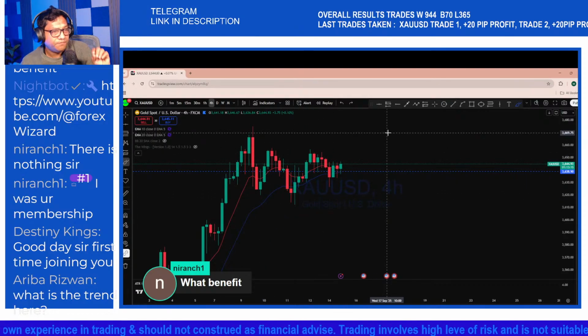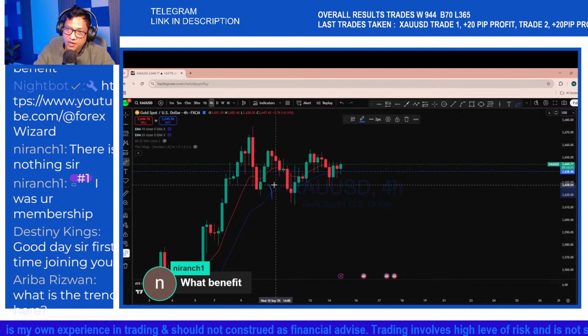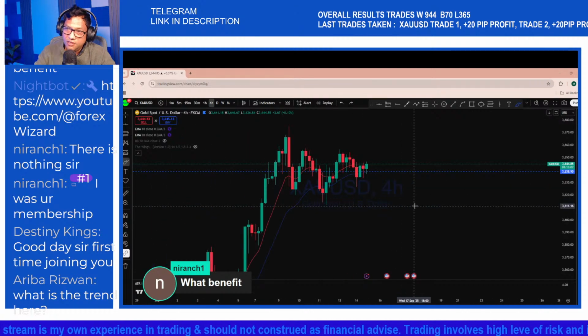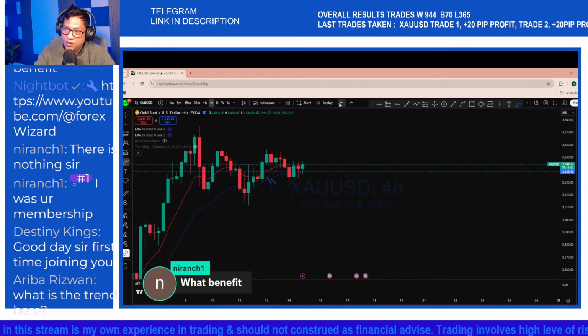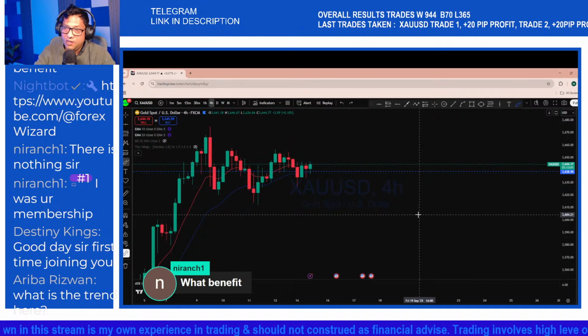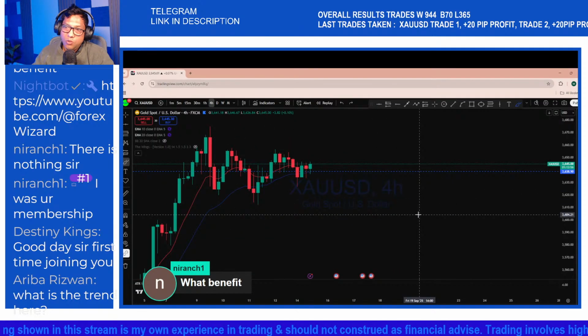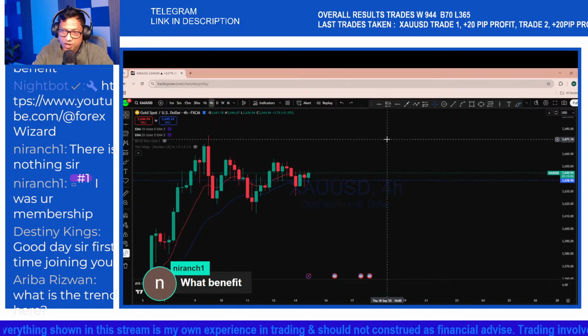But for me, it's much easier to identify the direction of the trend, the market structure, from the EMAs. So the 20 EMA below and the 10 EMA above is an uptrend. And when they are clearly separated from each other, we can see they are in an uptrending market structure.